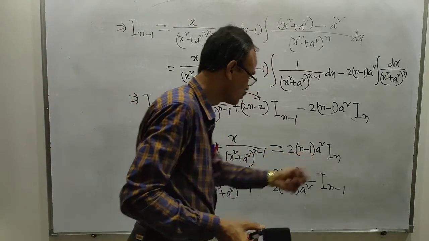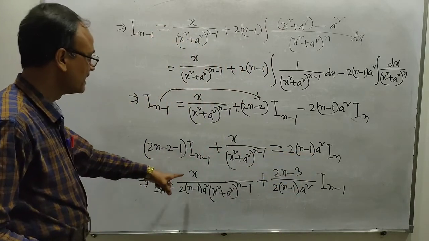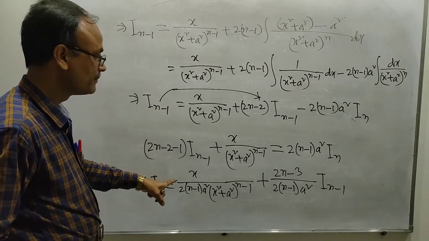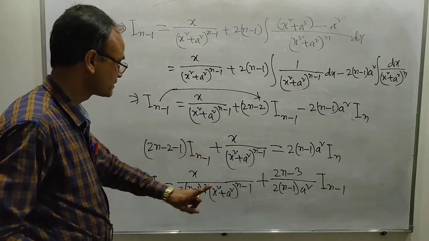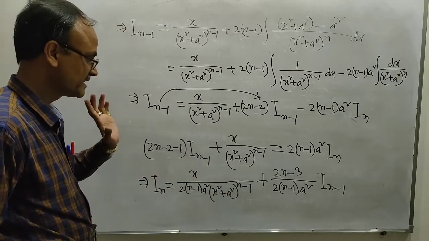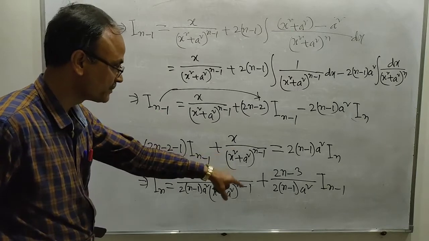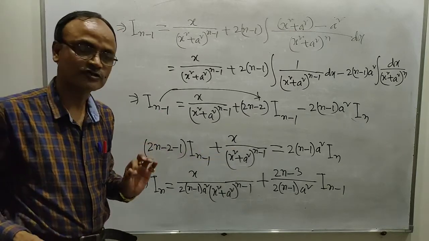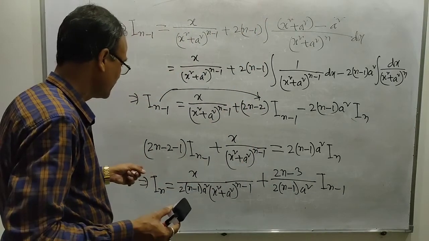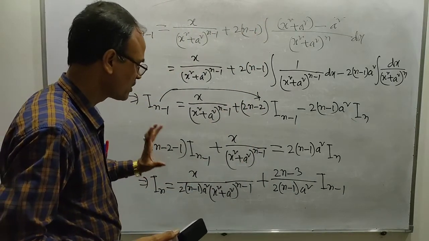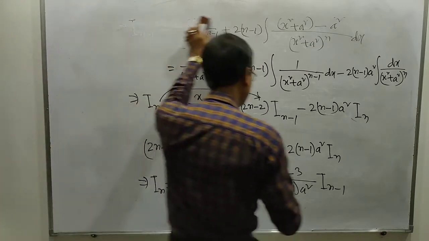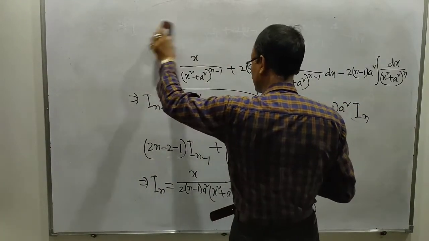Divide both sides by 2(n-1)a², you will get x divided by 2(n-1)a² into this, plus (2n-3) divided by this. Which is the required reduction formula. I am going to apply this reduction formula.